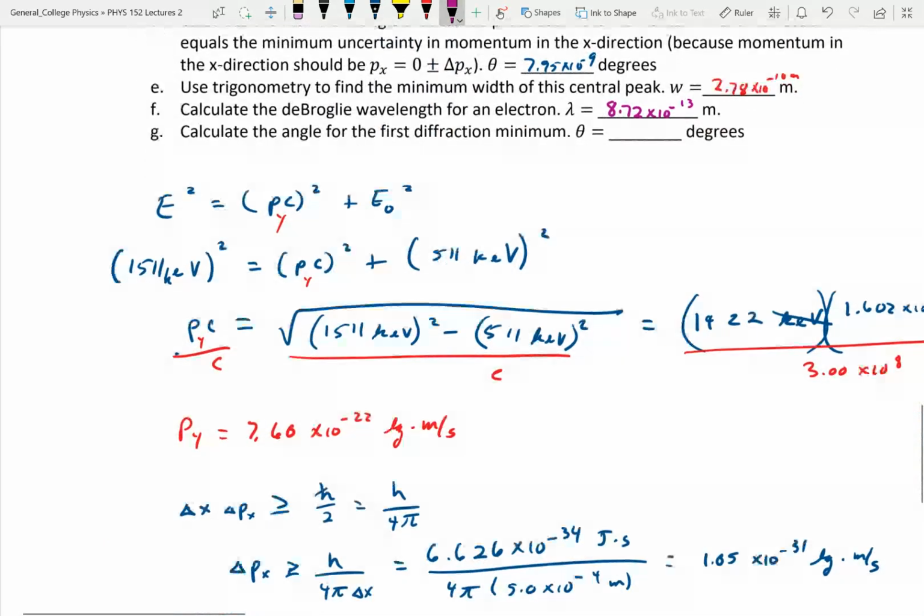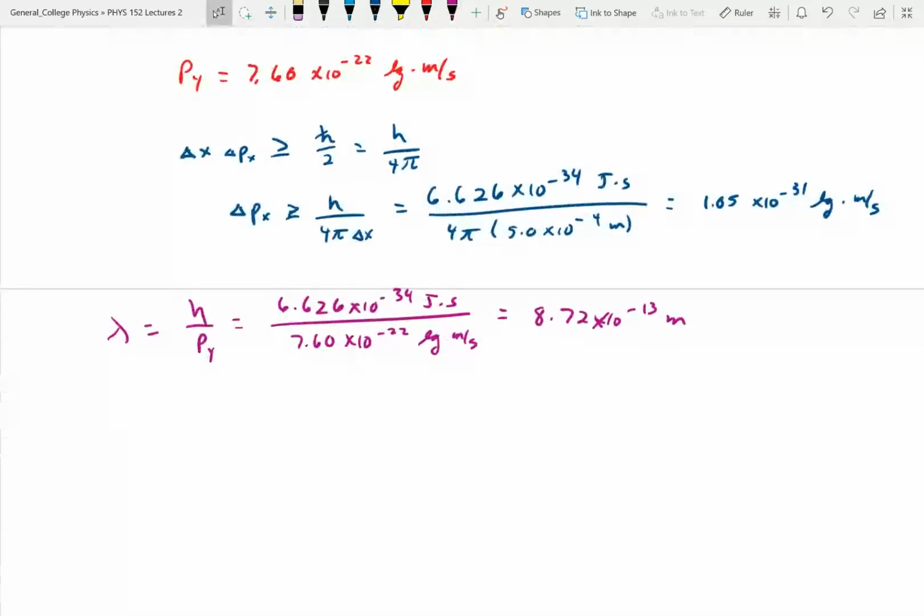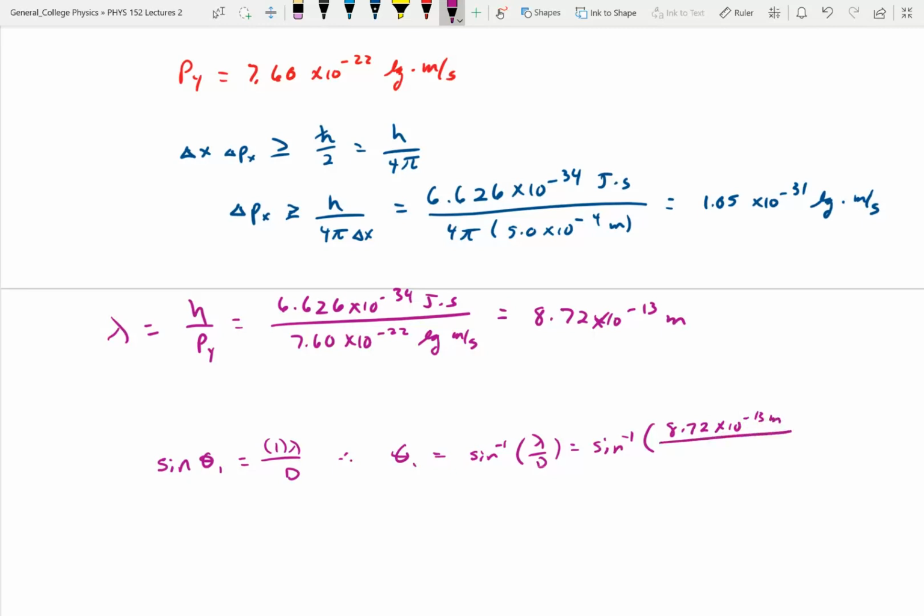Now that I have that wavelength, I want to calculate the angle for the first diffraction minimum. Sine theta 1 is equal to 1 times the wavelength over d. Therefore, theta 1 is equal to inverse sine of lambda over d, which is inverse sine of 8.72 times 10 to the minus 13 meters over d, which is 1.00 times 10 to the minus 3 meters.